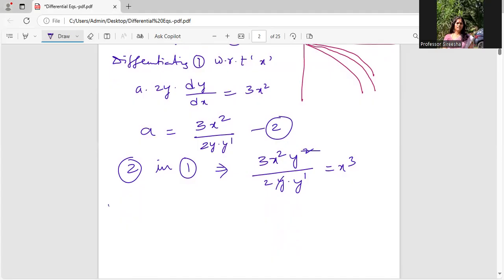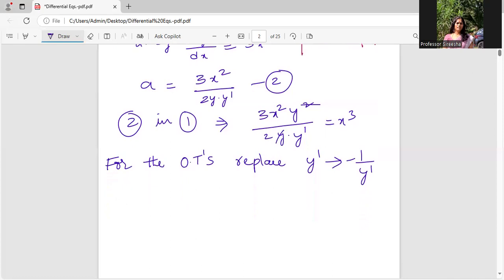For the orthogonal trajectories, what am I supposed to be doing? For the orthogonal, you can just refer to the previous video. For the orthogonal trajectories, replace y prime with minus 1 by y prime, or y dash, whatever.